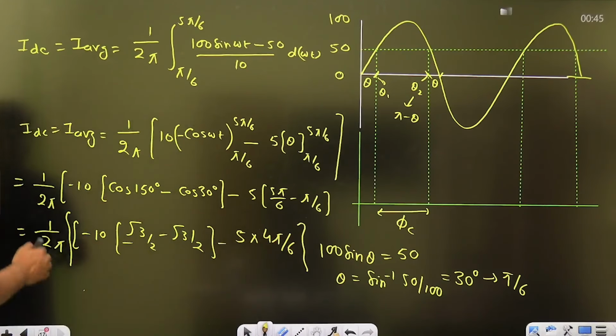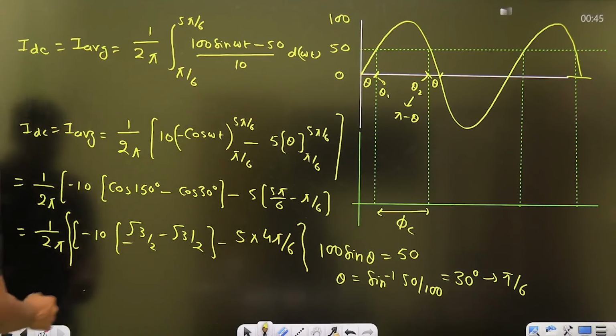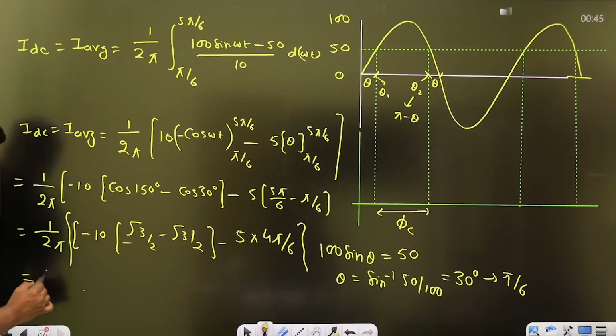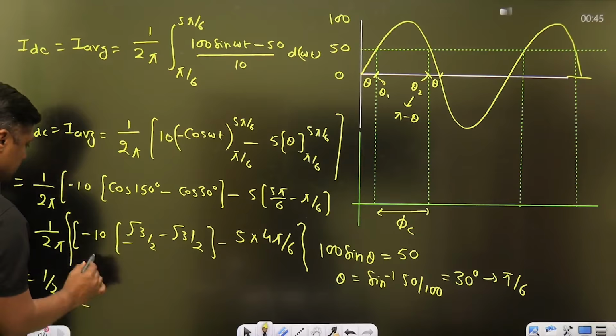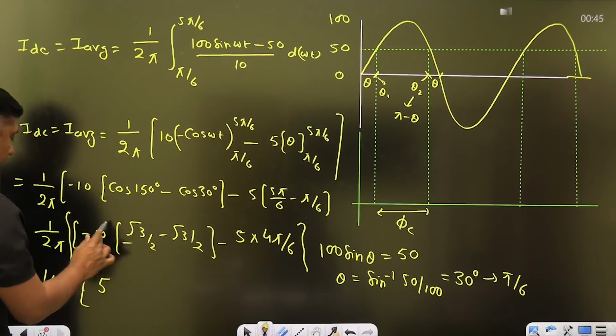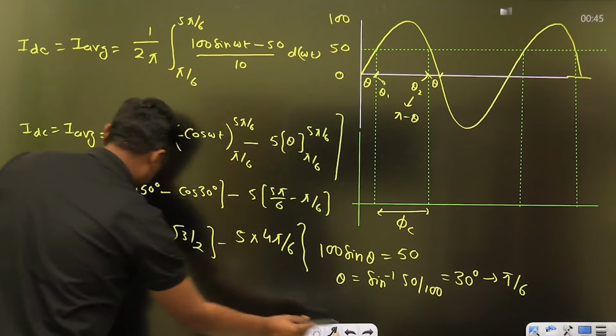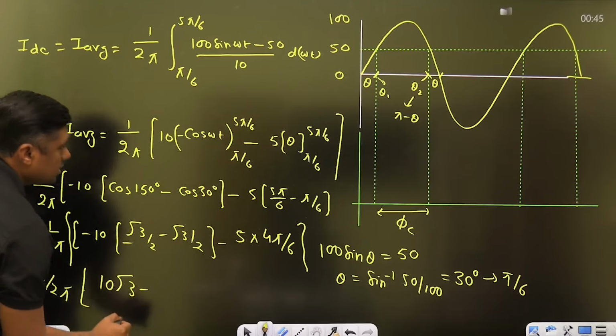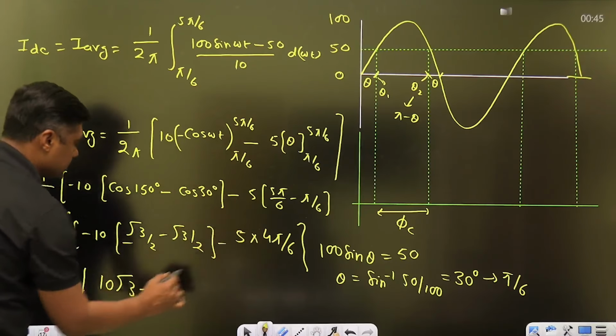Now you can calculate. This is minus minus, it will become plus 1 by 2 pi, this will become 5 root 3. No, the 2 cancels, 10 root 3 minus 20 pi by 6.